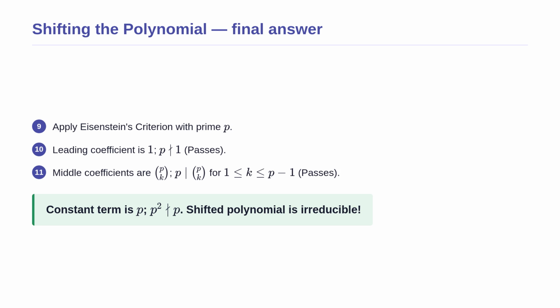So, the second condition passes. Finally, the constant term is exactly p. Since p squared does not divide p, the third condition passes. All conditions are met. This gives us our final answer. The shifted polynomial is irreducible, which proves the original cyclotomic polynomial is also irreducible.